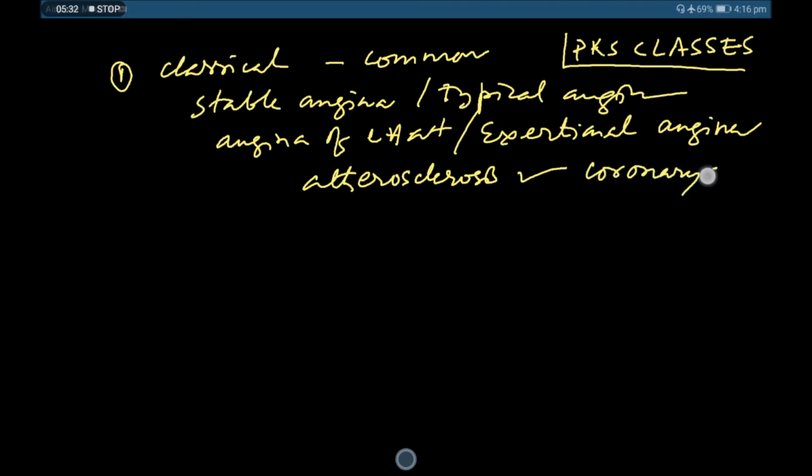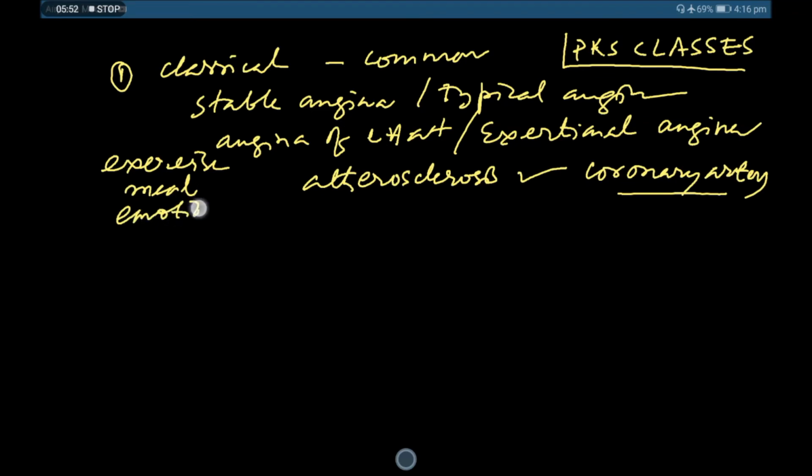So the blood supply to the heart is decreased, and when there is a little exercise, or some emotional trauma, or after heavy meals, all these can cause the chest pain that is called classical angina. In this case we can use beta blockers, organic nitrates, calcium channel blockers, like that.